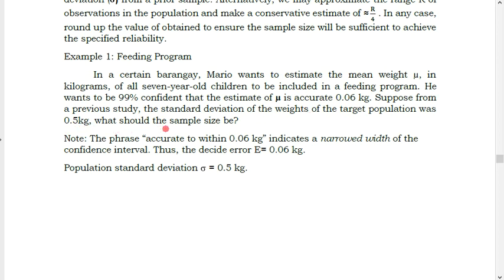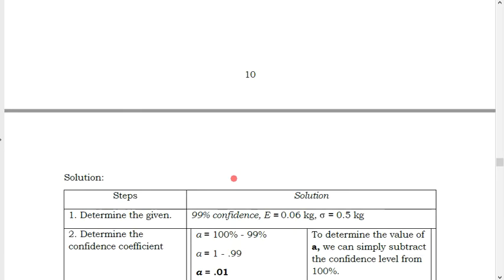What should the sample size be? The desired accuracy within 0.06 kilogram is the width of the confidence interval, thus the desired error is 0.06 kilogram. So, ito na yung gagamitin nating error and the population standard deviation would be 0.5 kilogram.